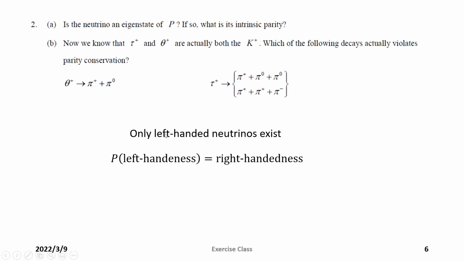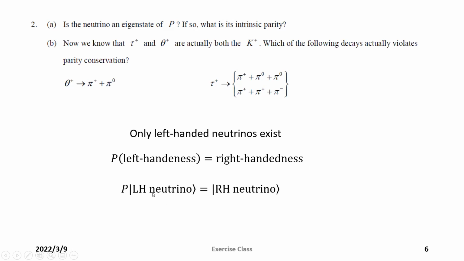And one action of the parity operator is that when it acts on a left-handed state, it will turn the left-handed state into a right-handed state.